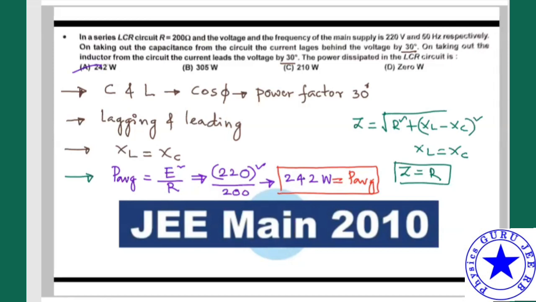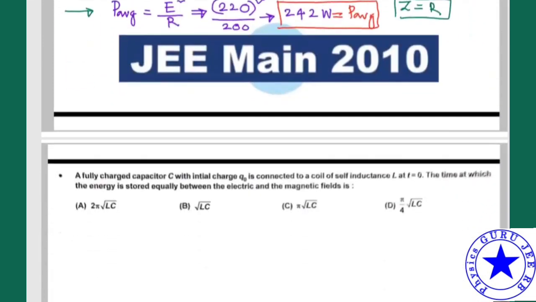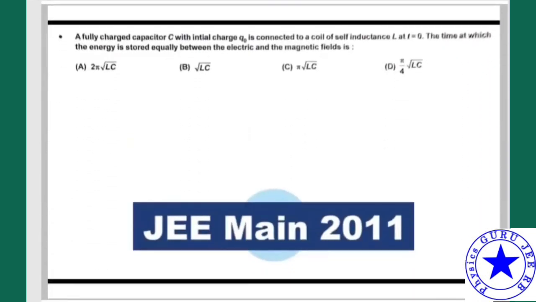Yes. Okay, now we'll move to the 2011 question. In 2011, a fully charged capacitor C with an initial charge Q naught is connected to a coil of self-inductance L at t equals 0. We have to find the time at which the energy is stored equally between the electric and magnetic fields. This is almost a similar problem to the previous question, the same model.